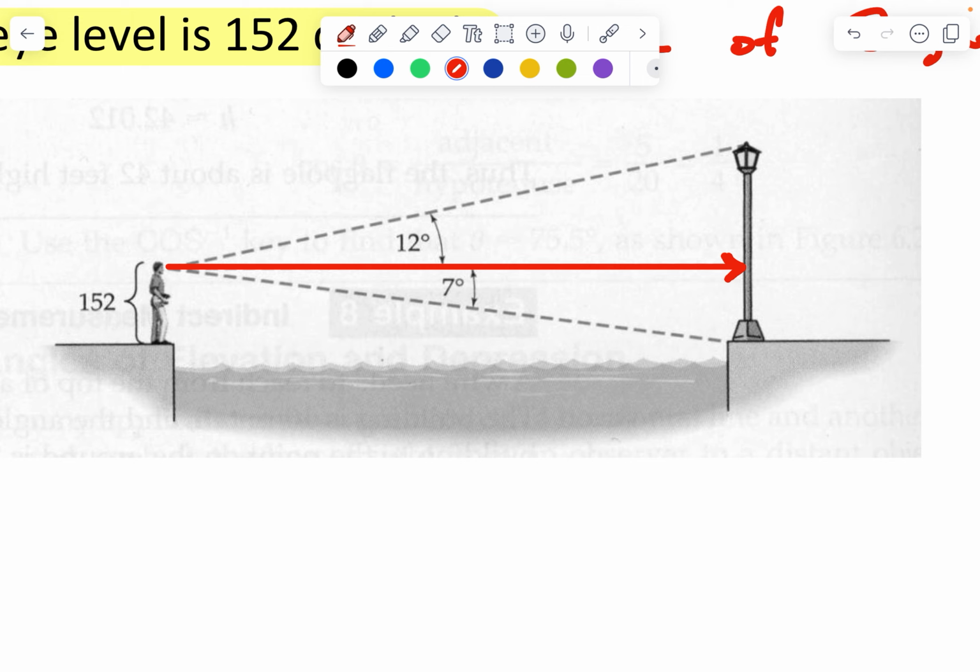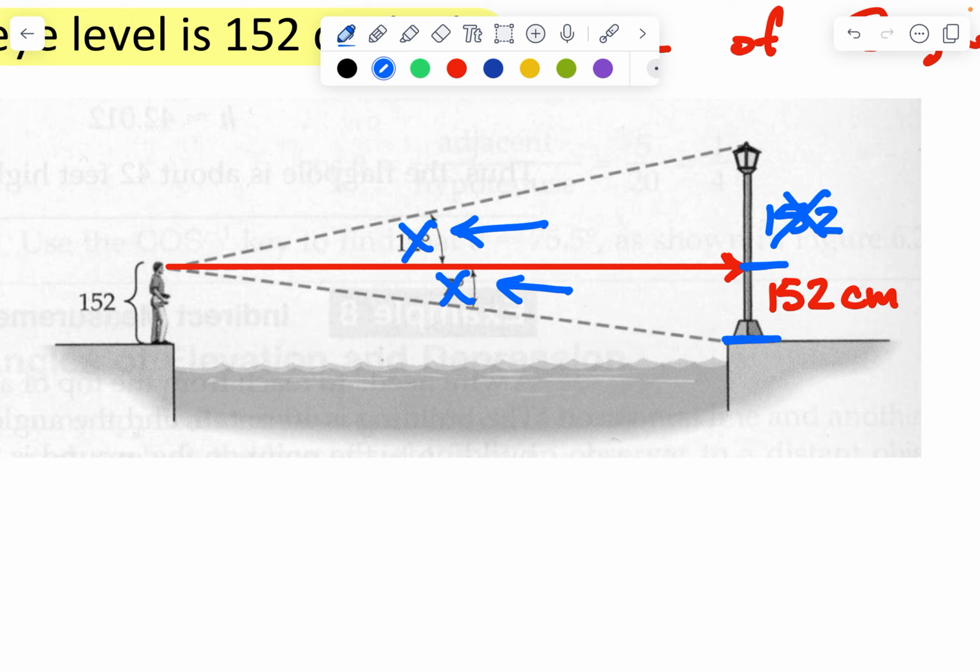Their eyes are 152 centimeters above the ground. So that confirms for us that the bottom part of this lamppost is 152 centimeters. Now, if these two angles were the same, then this would also be 152. But they're not the same, so they can't both be 152.